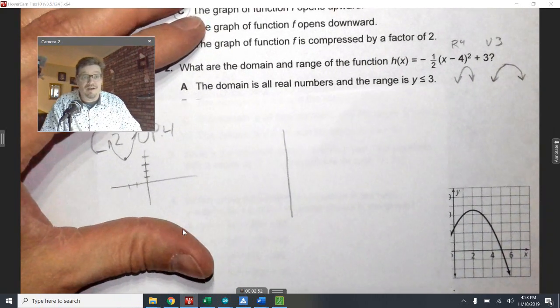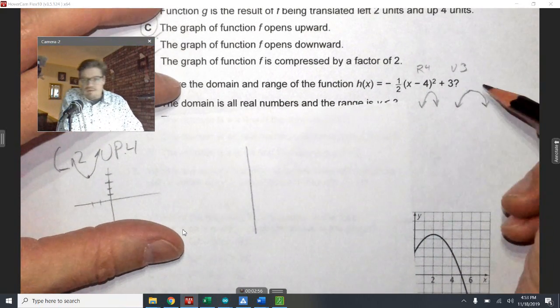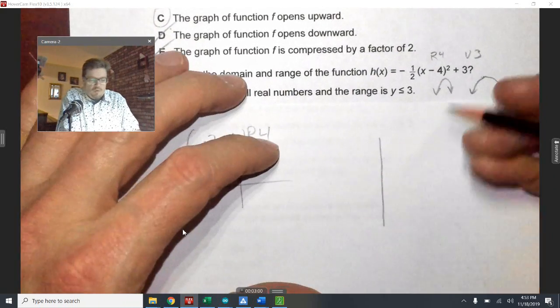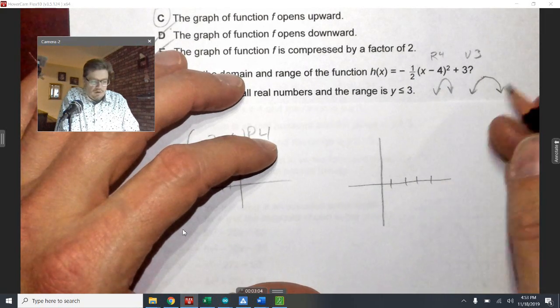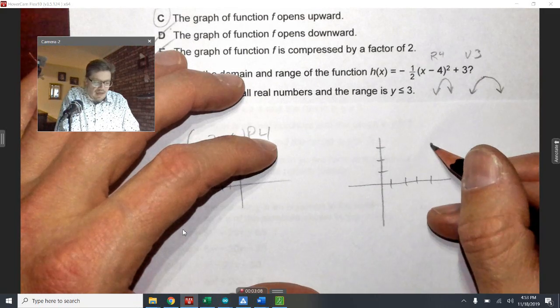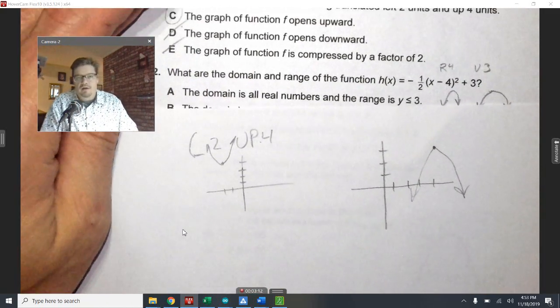Well, no, I should graph it, because if we want domain and range, we have to be kind of specific. Let me sketch this more appropriately. We're going to go 1, 2, 3, 4, and up 3. It is pointing downward and widening out a little bit.